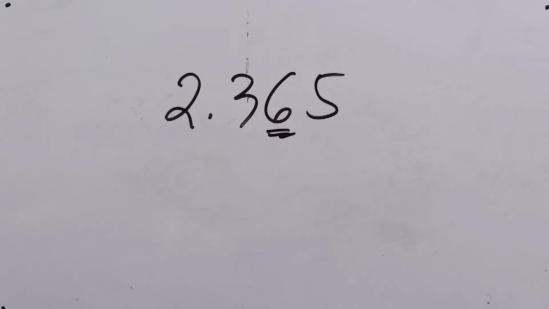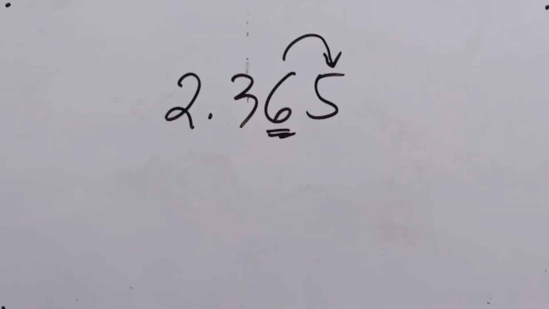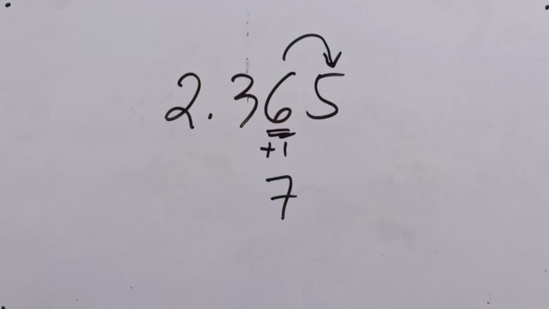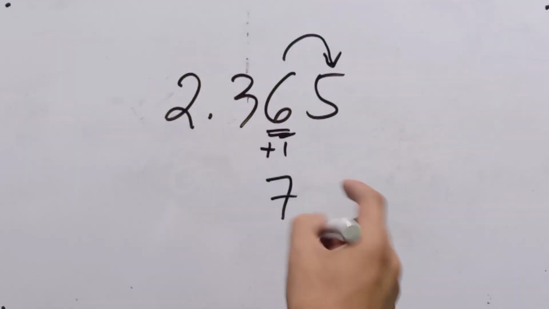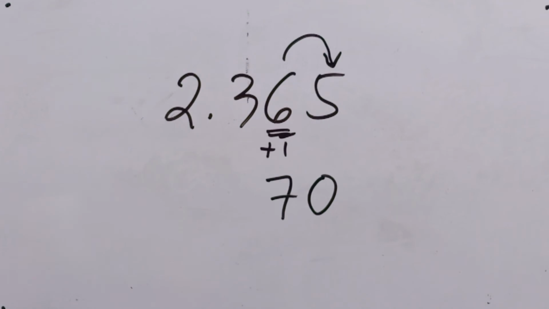So it's either remain the 6 or add 1, right? So, by looking at the right digit, it is 5. If the right digit is 5 or more, we add 1, right? So we add 1 here. So the 6 becomes 7. Then the right digit 5 becomes 0. And what do we do with the left digit or digits?